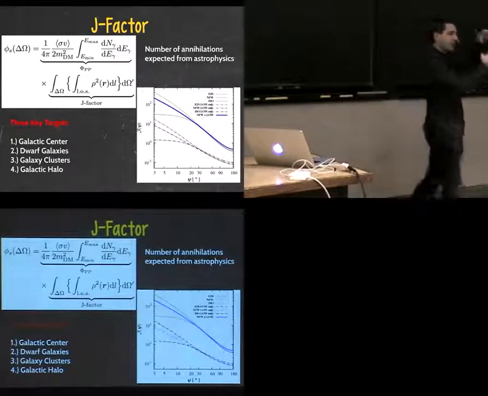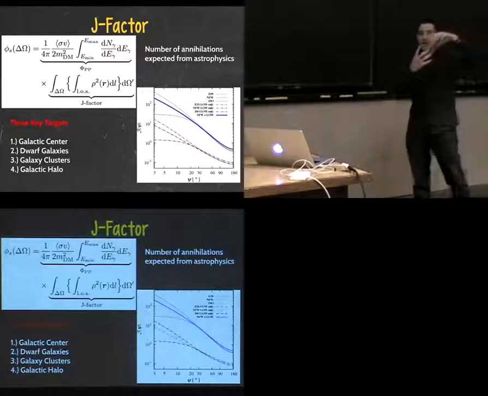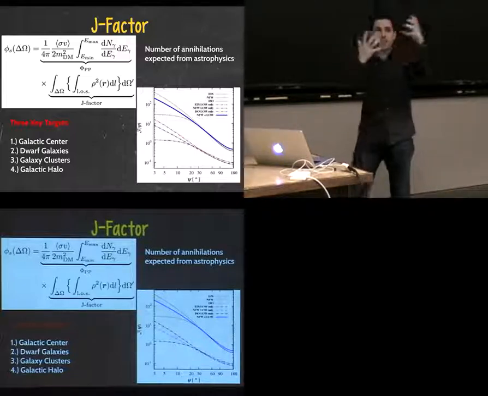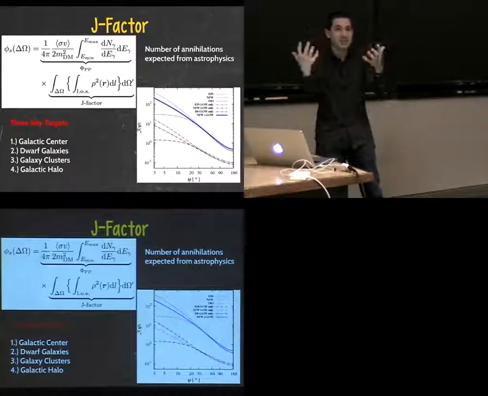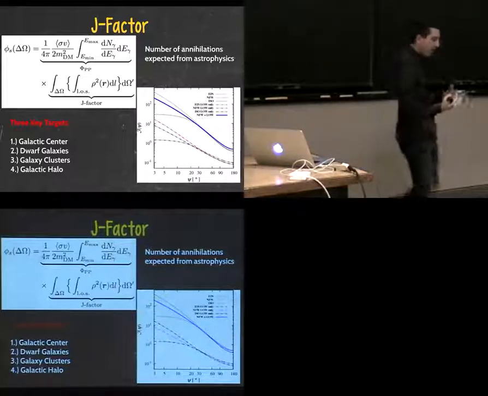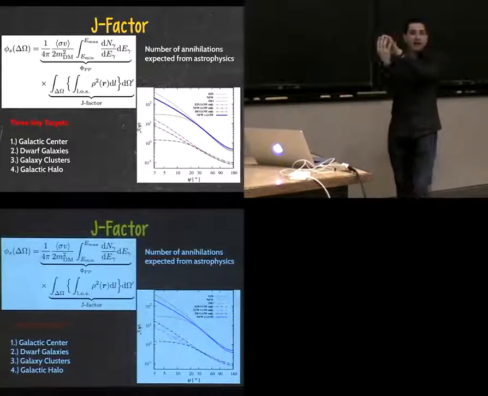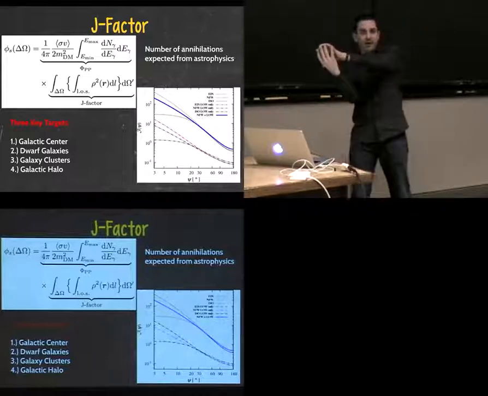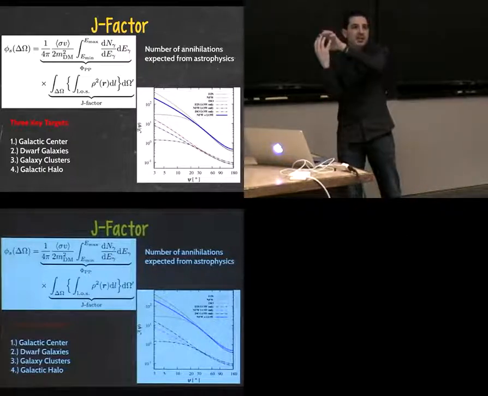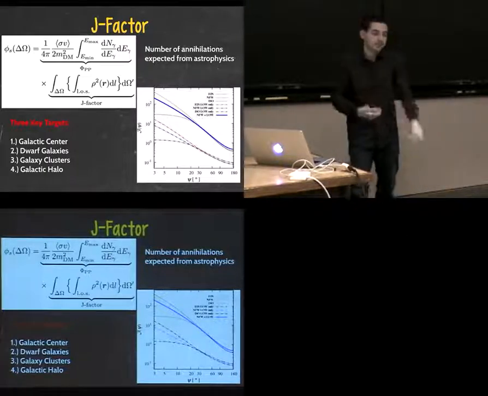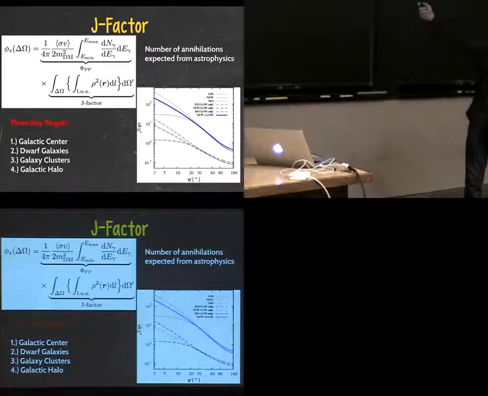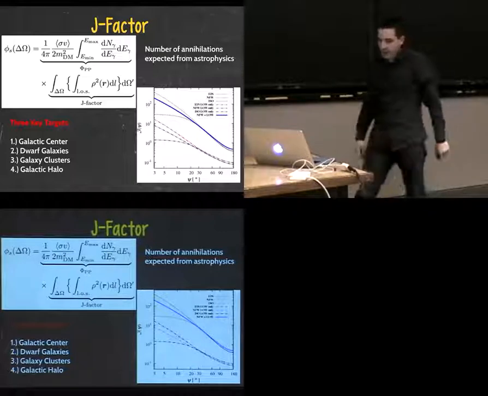If the density is low, not only are there fewer particles, but they hit other particles less often. So I want really dense regions of sky, not only because there's a lot of dark matter, but also because the dark matter that is there is hitting other stuff more often and producing particles that I want. What's important is that I'm looking at the square of the density of dark matter.